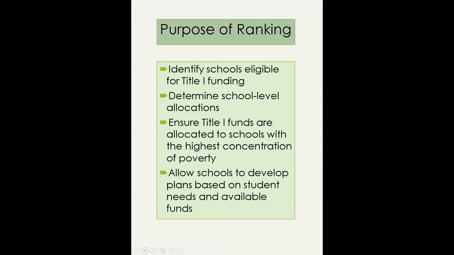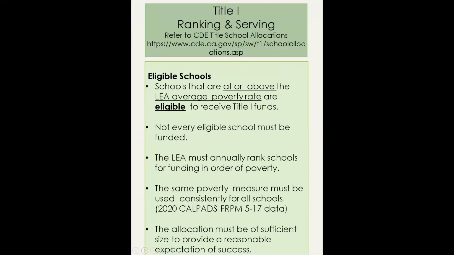So what does that look like? When you rank the schools, on the next slide we'll see that an eligible school is a school that's at or above the district poverty rate. But not every eligible school has to be served, and you may not have enough money to serve all your schools. So that's why you rank your schools in order of poverty.